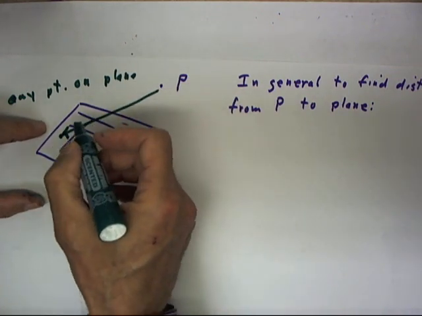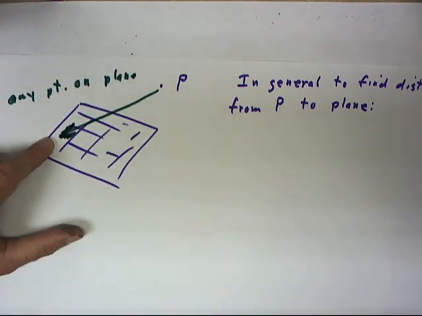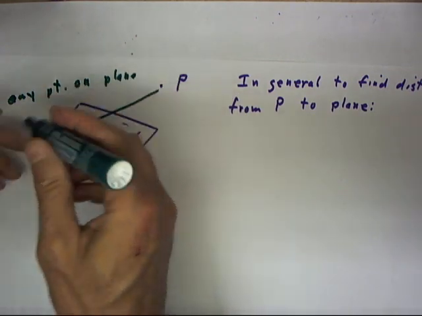So we find this vector, and we project that onto a vector normal to the plane.